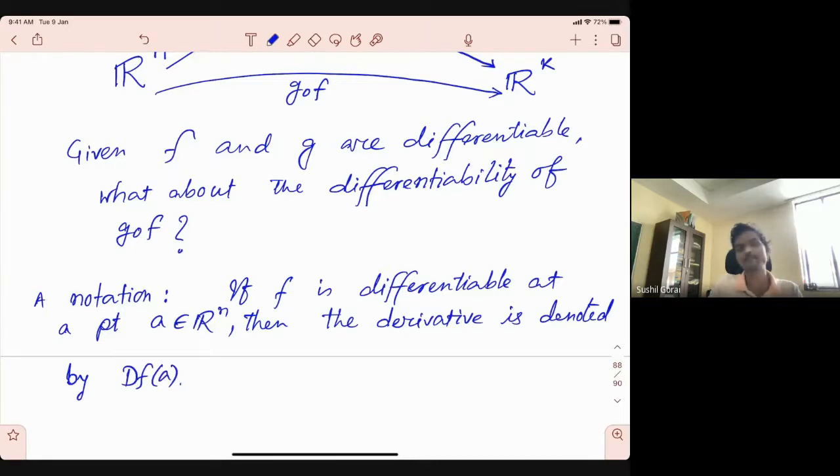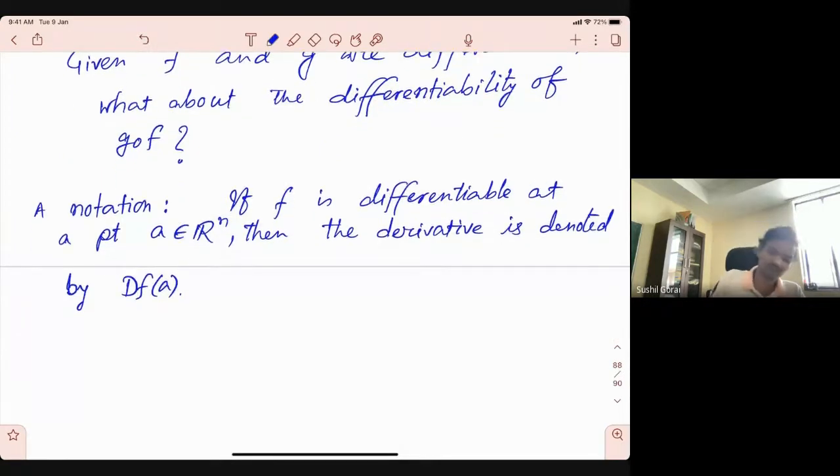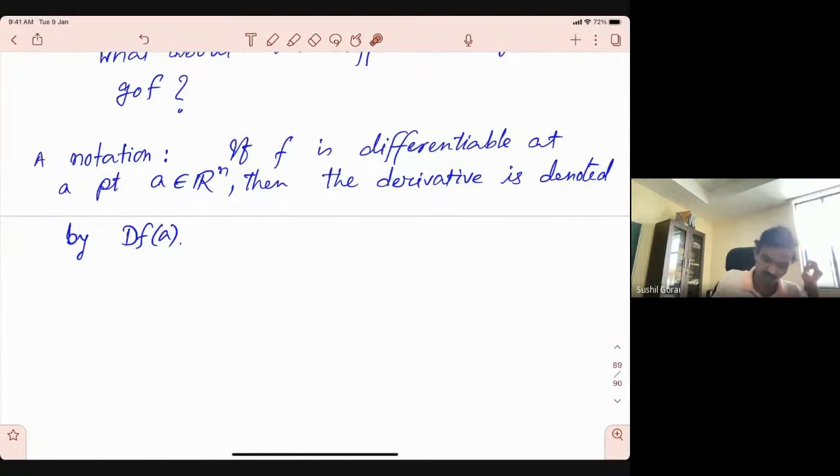So we'll use this notation for the linear transformation. We'll not use mu or lambda, whatever. Most of the cases we'll use this notation.